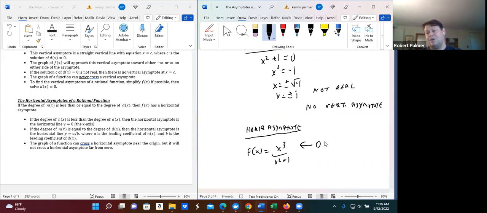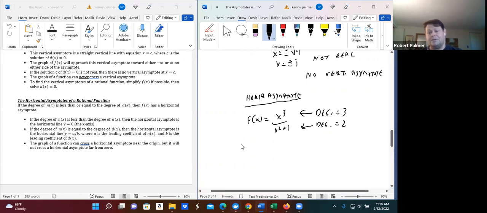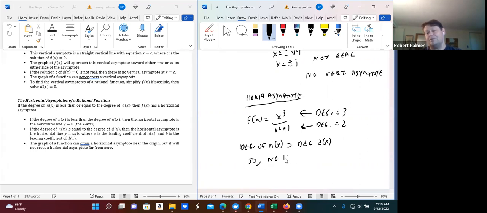The degree of our numerator is 3, and the degree of our denominator is 2. In this case, the degree of the numerator, n of x, is greater than the degree of the denominator, d of x, so we have no horizontal asymptote.